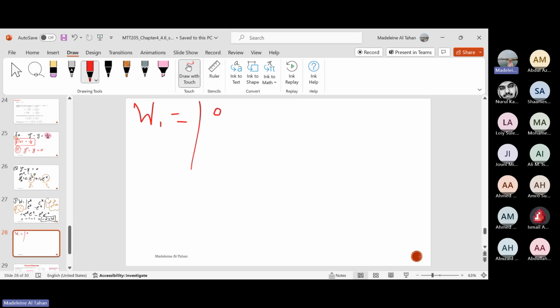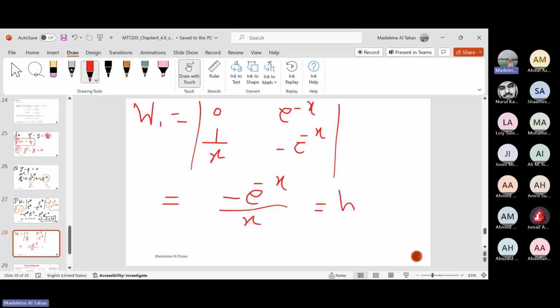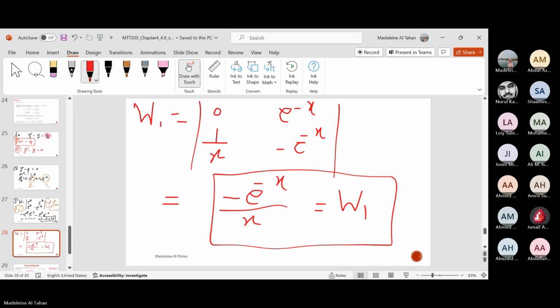What was f of x? 1 over x, right? And here what do we have? Negative e^(-x). We will get negative e^(-x) over x. This is W1, right? Is it correct? Yes.